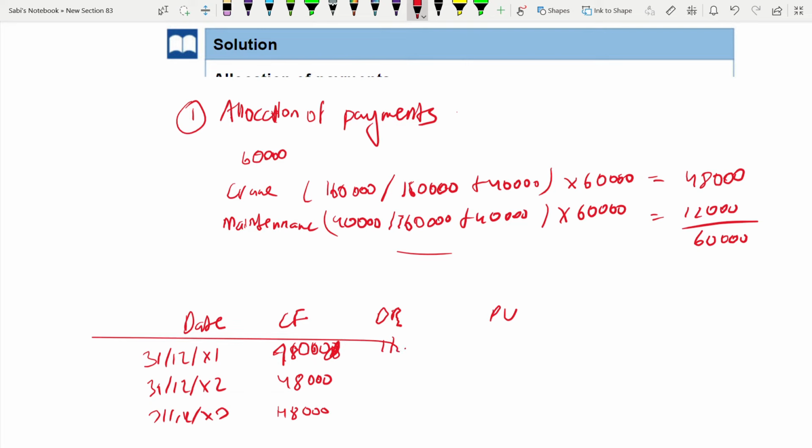So 1 divided by 1.05, 1 divided by 1.05 to the power 2 because second year, and 1 divided by 1.05 to the power 3 because the third year.